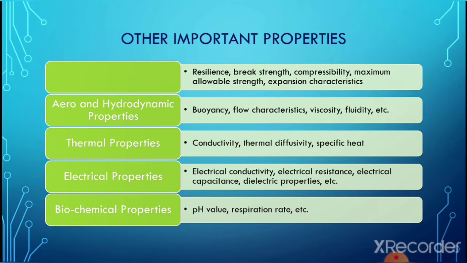These are nothing but buoyancy, flow characteristics, viscosity, fluidity, etc. Thermal properties include thermal conductivity, thermal diffusivity, specific heat, etc. Electrical properties include electrical conductivity, electrical resistance, electrical capacitance, dielectric properties, etc. Biochemical properties are nothing but pH value, respiration rate, etc.